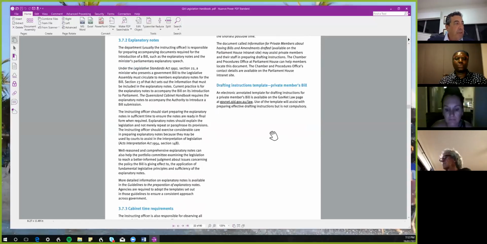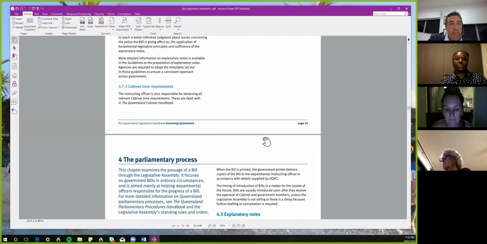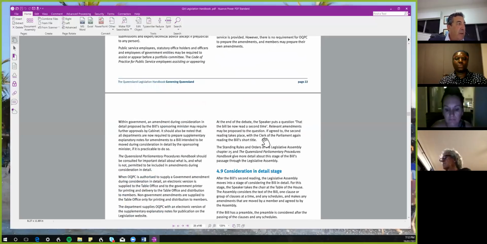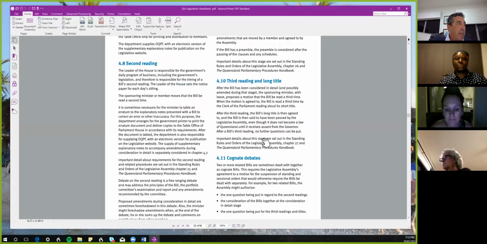Another thing that we've talked about during this course is the second reading. And this document at 4.8 provides a bit more commentary in relation to what's meant by the second reading and how it fits into the scheme of things. This commentary provides important detail about the requirements for the second reading.